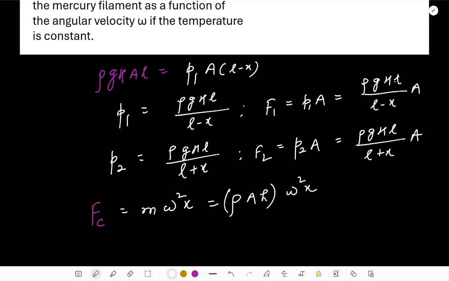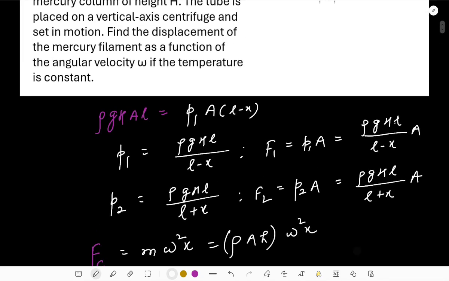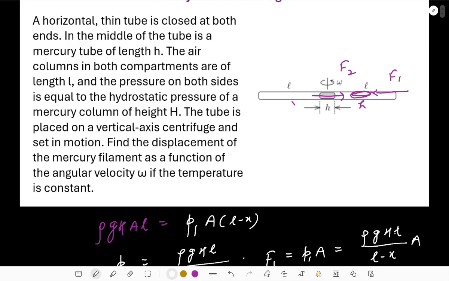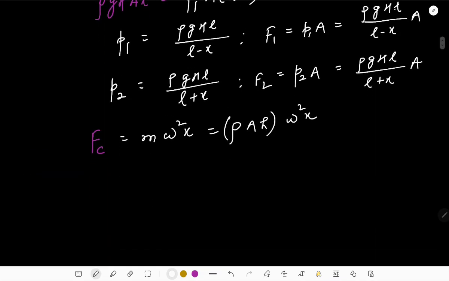We can write now the equation of dynamics for the circular motion of this mercury filament, and that will be F1 minus F2 equal to mass into centripetal acceleration. That means the equation of motion of this mercury filament can be written as F1 minus F2 equal to m omega square x, mass into centripetal acceleration.